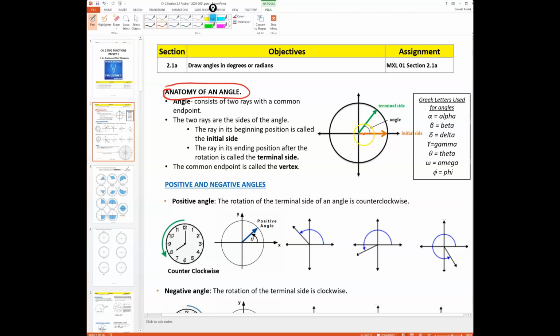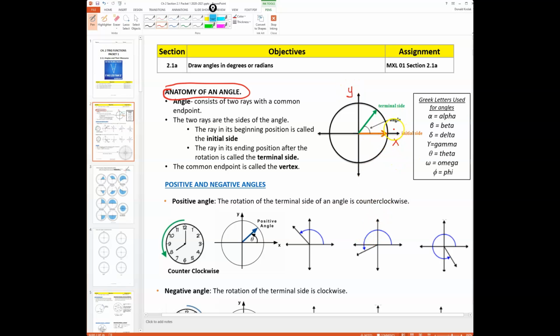Now, when we draw a ray in standard position, what that means is it is going to start on the right x-axis. So this is my x-axis. Here's my y-axis.